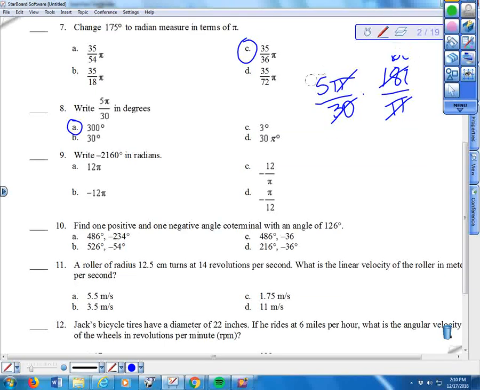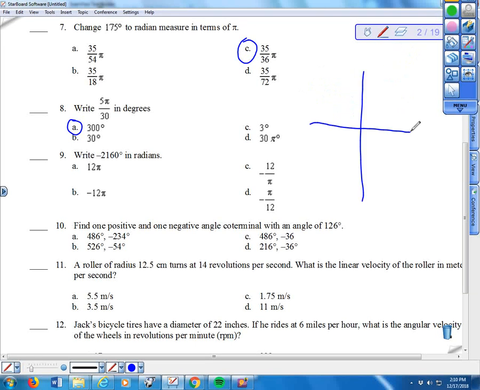Negative 2160. I'm going to go ahead and just divide that. Subtract 360, minus 360, minus 360. Isn't that just 0? Because 360 goes in that evenly. But no, it's not.